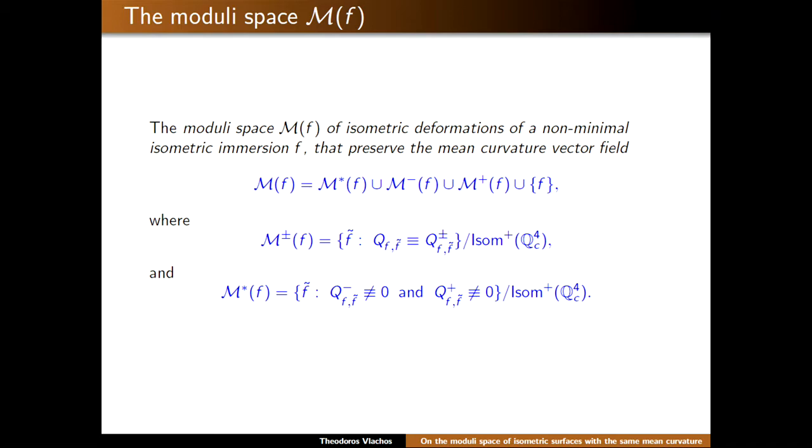M plus and M minus are the classes of surfaces in the moduli space for which the Q differential is equal to the Q plus component or the Q minus component, with no Q minus or Q plus component respectively. And M star is the subset of the moduli space where both plus and minus components do not vanish.